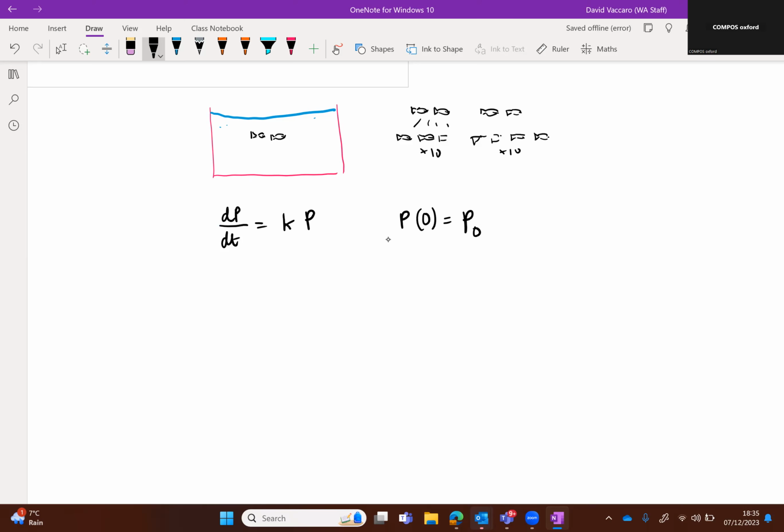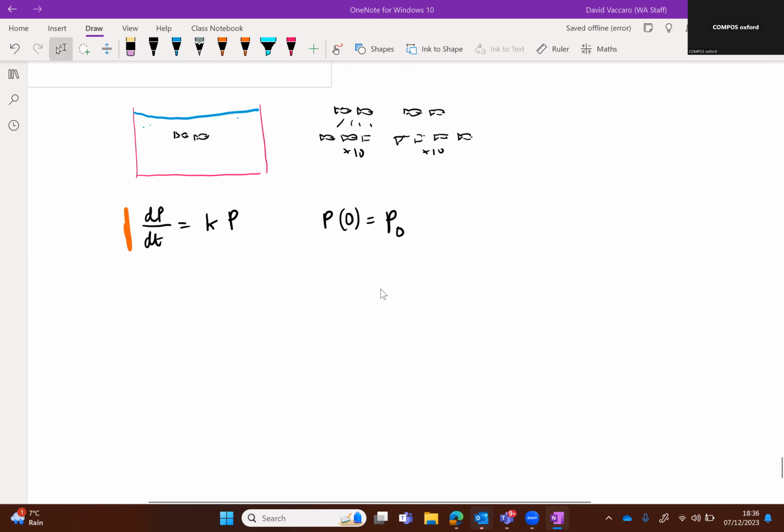Okay. Now, pub quiz question: what model of population growth is this? What would the solution look like? What do we call this differential equation? Yeah, exponential. Brilliant. Next question.